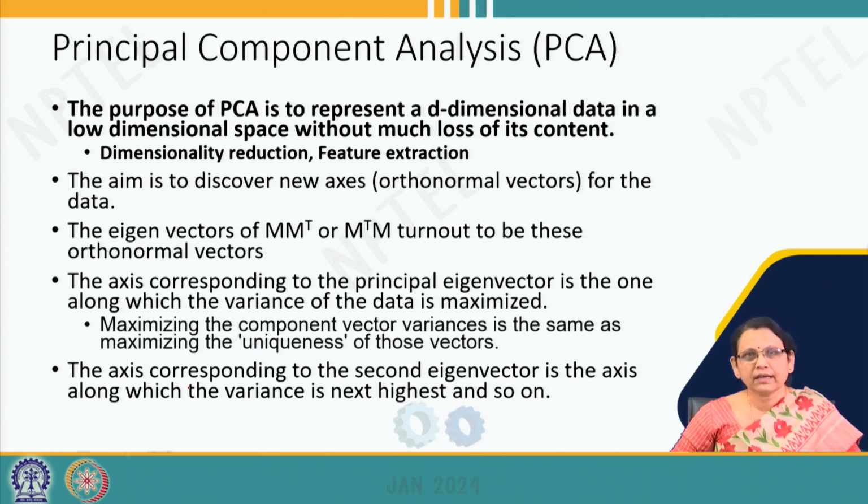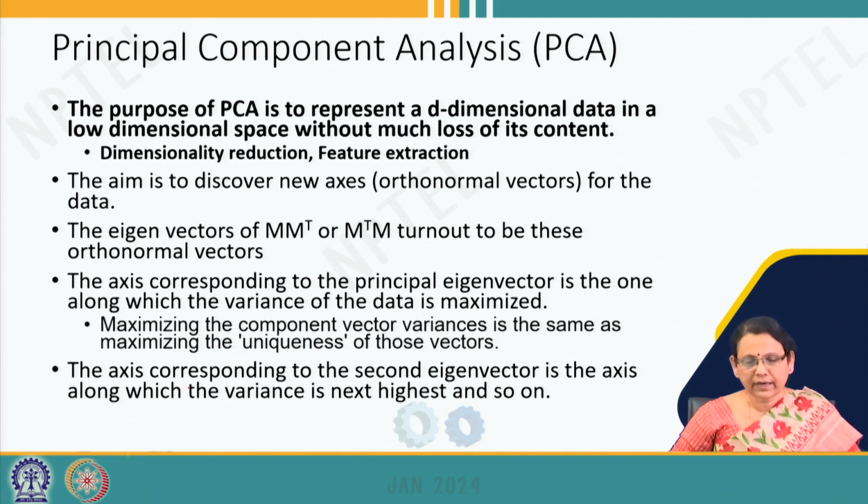M is the data matrix and M transpose is its transpose. The axis corresponding to an eigenvector is the one along which the variance of the data is maximized. So if we choose the top few eigenvectors, they will characterize most of the variance discovered in the data.